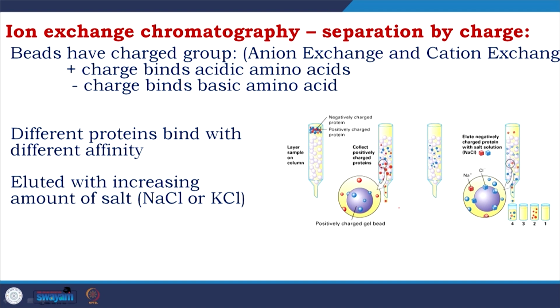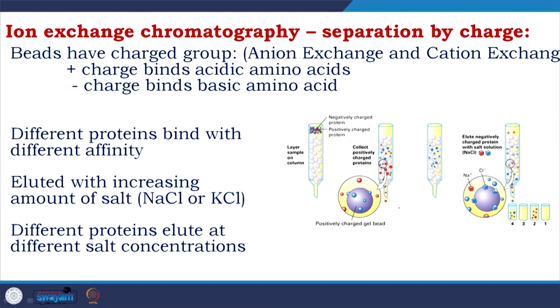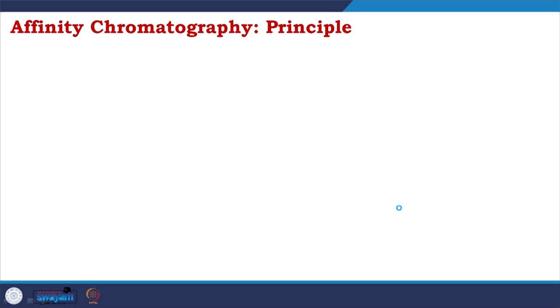Eluted with increasing amount of salt. Once the protein binds there, then more charges are given, so they come out. Different proteins elute at different salt concentrations, and that is how they are differentiated.